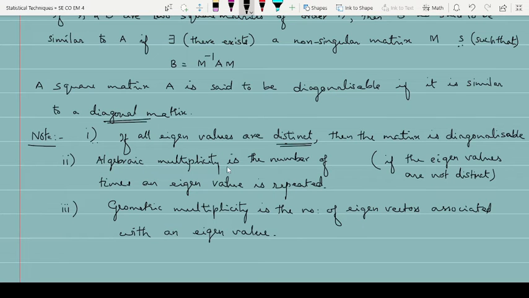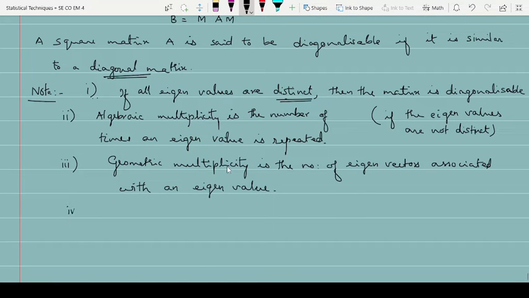And for algebraic multiplicity we may use AM, and for geometric multiplicity we may use GM.